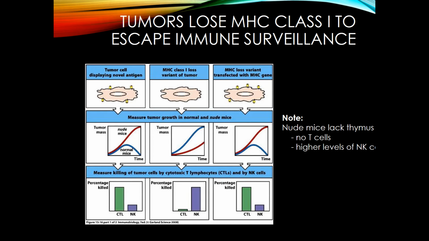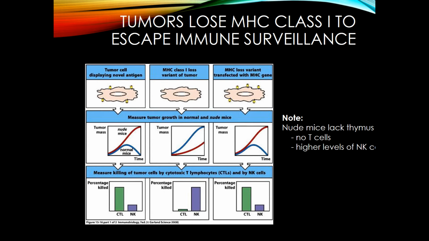And so when you start looking at the cytotoxic T cells, or the percentage killed, you can see that most of the killing is done by cytotoxic T cells and a little bit by natural killer cells. And you can see in the tumor mass that in nude mice, the tumor mass goes straight up, and in normal mice, at a time when cytotoxic T cells develop, the tumor mass disappears.